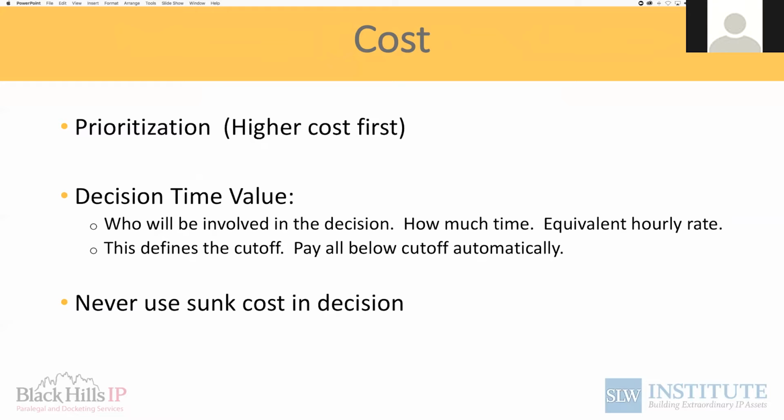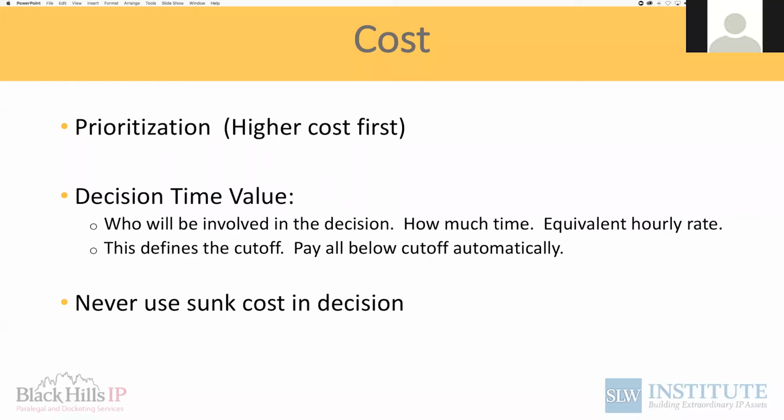Next, one of the things that's worth taking into consideration is the value of the decision time. So figuring out who's going to be involved with the decision, how much time on average that decision will take, and then it's just a matter of doing the math to determine a cost to that decision.